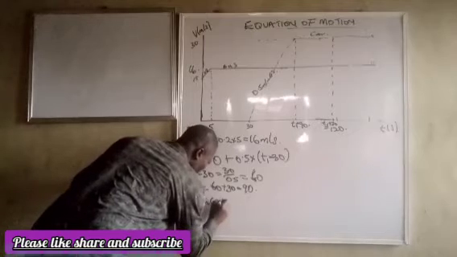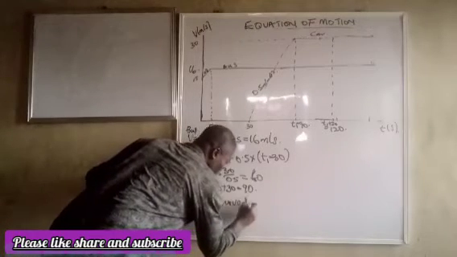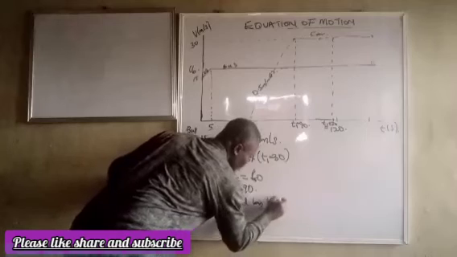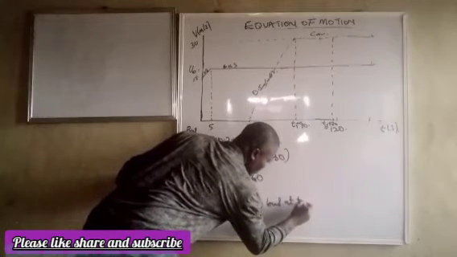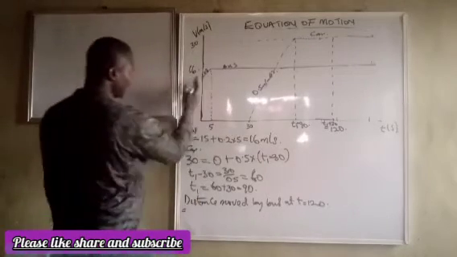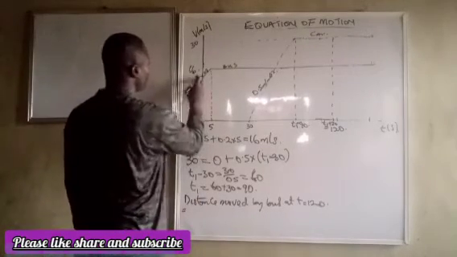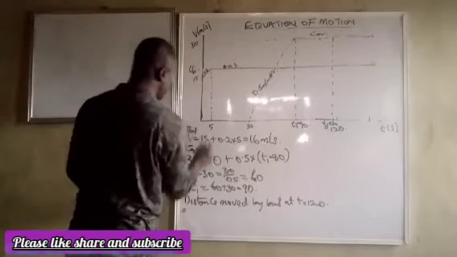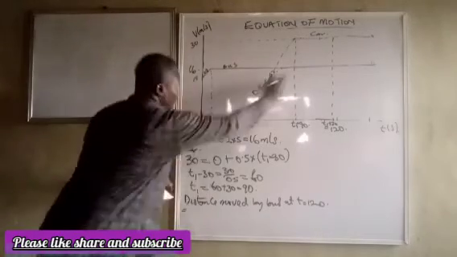Distance moved by the bus is equal to this distance here, that is half of 15 plus 16 times 5, plus the other one.